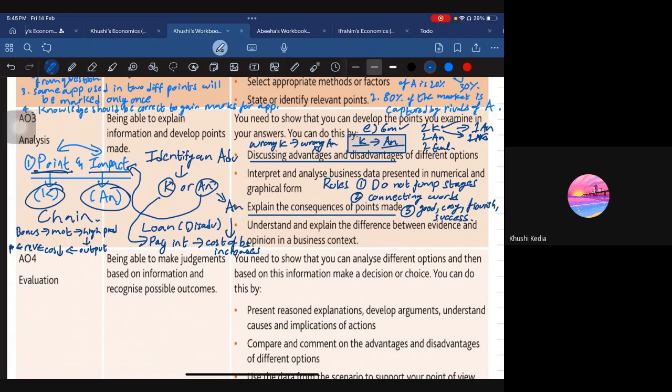The concrete thing could be more sales, revenue, profits, market share, brand reputation, brand image. Agreed? Yes, sir. Very good, Hoshi. Excellent.